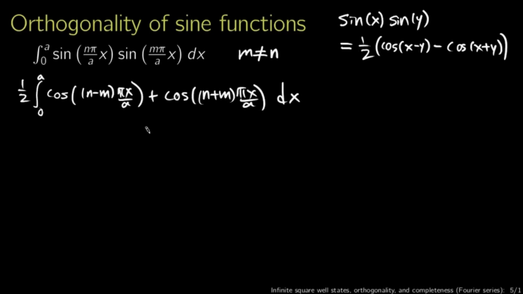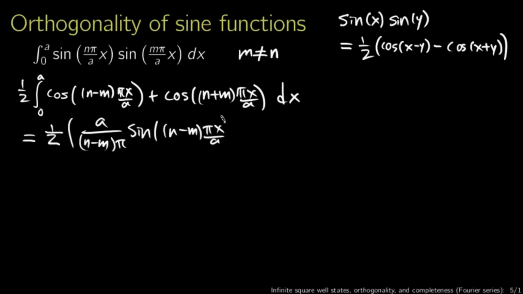And what you get, if n is not equal to m, this term is non-zero, this term is non-zero. Both of these just work out fine. And we end up with, for our integral, a half out front, as before, a over (n minus m) pi times the sine of (n minus m) pi x over a plus, sorry, I've gotten the sign backwards here.